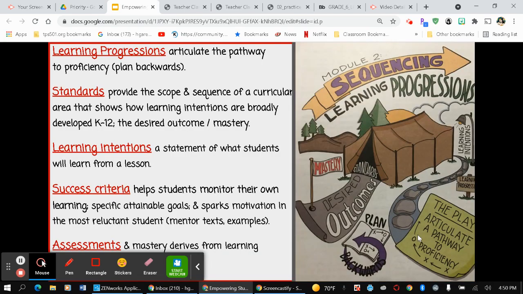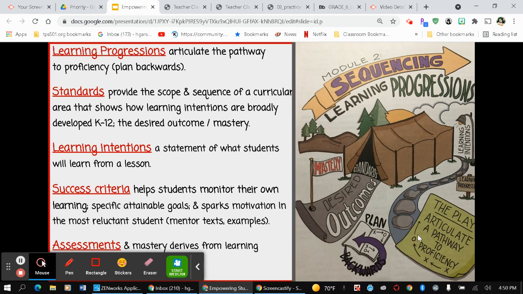Okay, this is taken from the Teacher Clarity Playbook, Module 2. Some of you may be familiar with it, but it gives a great graphic of what we've been talking about. The standard is the intent, it's the desired outcome. And what we want is for students to be able to achieve mastery of that standard.